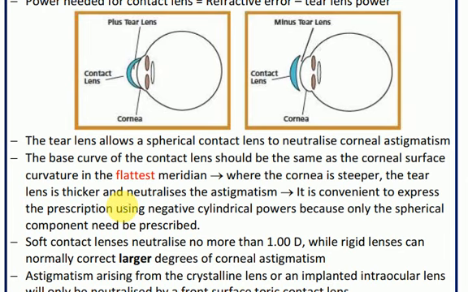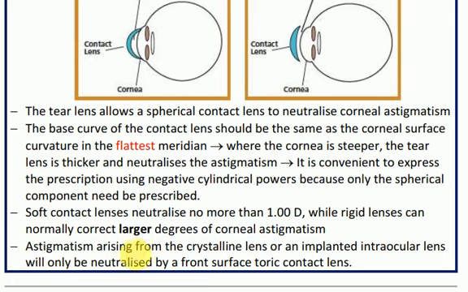So it is convenient to express the prescription using negative cylindrical powers because only the spherical component needs to be prescribed. Soft contact lenses neutralize no more than one diopter. Soft contact lenses are only for one diopter, while rigid lenses can normally correct larger degrees of corneal astigmatism.